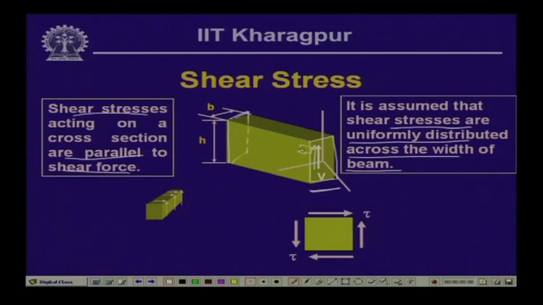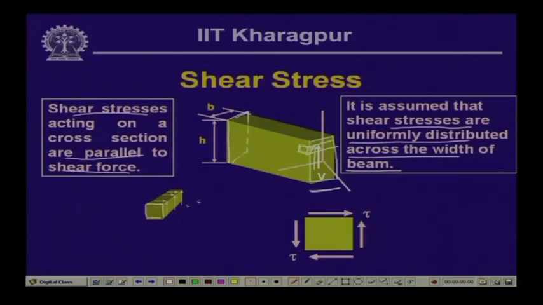So, we assume two aspects. One is that the direction of shear stress is in line with the shearing force acting at a particular cross section, and the distribution of the shear stress along the width is uniform. Now, if we take out a small segment from this beam, we get a segment something like this.